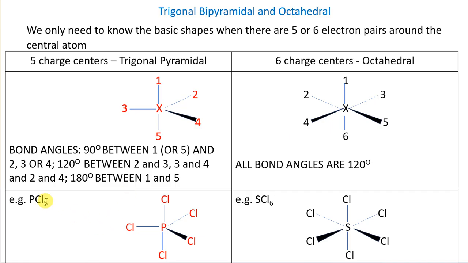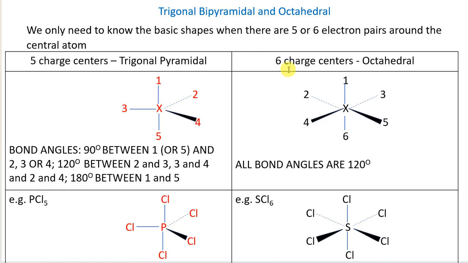My example, PCl5. Again, 3 Cl atoms in the same plane at 120 degrees to each other: 1 Cl in the plane of the paper, 1 Cl coming out towards us, 1 Cl going into the plane of the paper. My other 2 Cls, 1's above and 1's below.